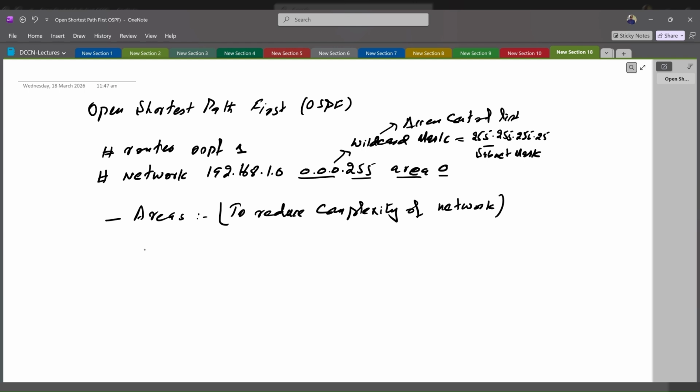So we can have different types of areas. For example, we can have the backbone area. The backbone area is always area 0. Then we have the stub area, and then we have the totally stubby area.